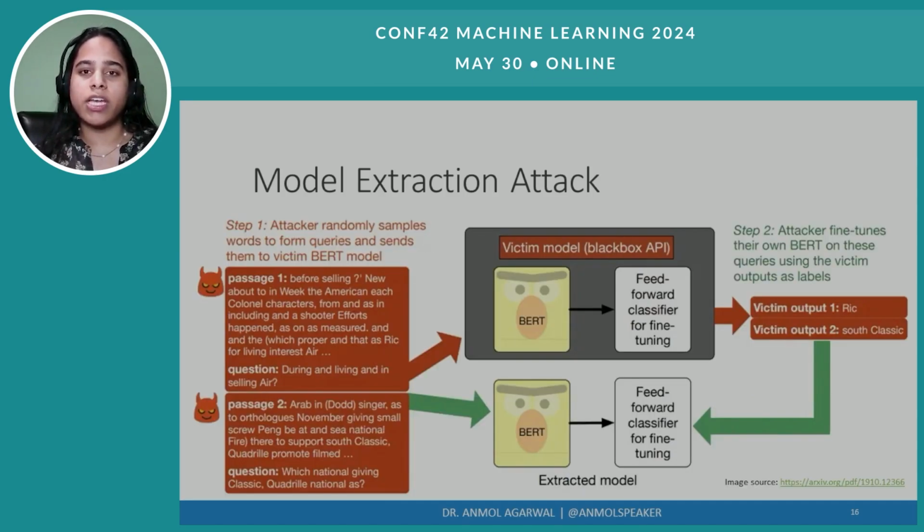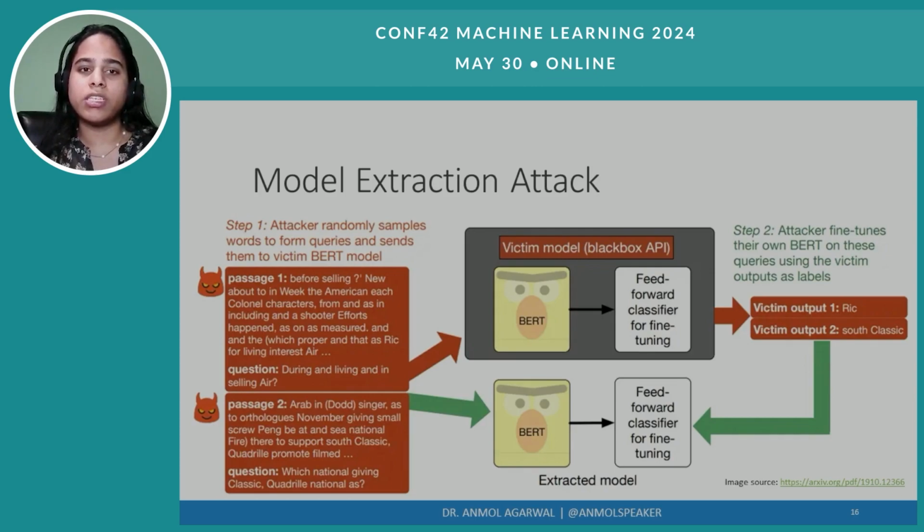So this is an example from research of a model extraction attack. First, BERT is used to determine certain characteristics of language. So this is an example of natural language processing. Basically, you're sending different passages to a machine learning model, and then it provides you some kind of response.